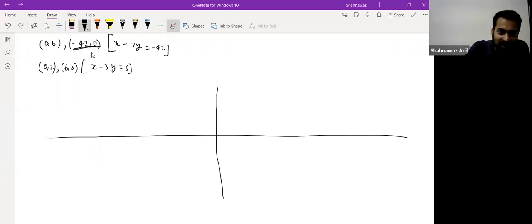Okay, so minus 42. We have to take two divisions because the smallest is 2. So let's just say this is 2, 4, 6, 8, 10, 12. So this part is right. Let's just stop here.